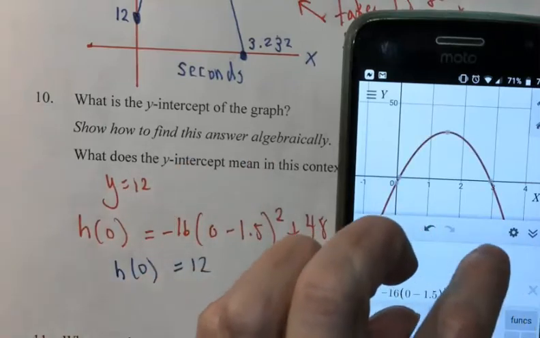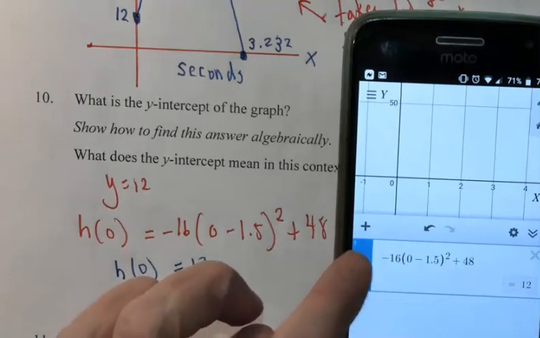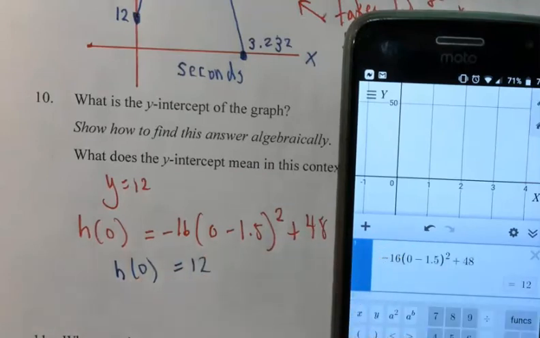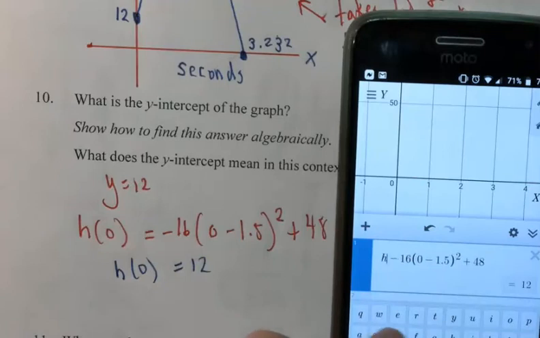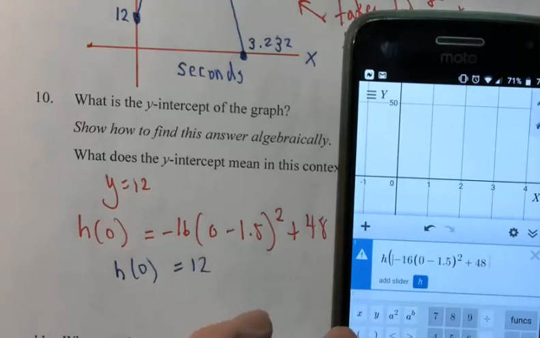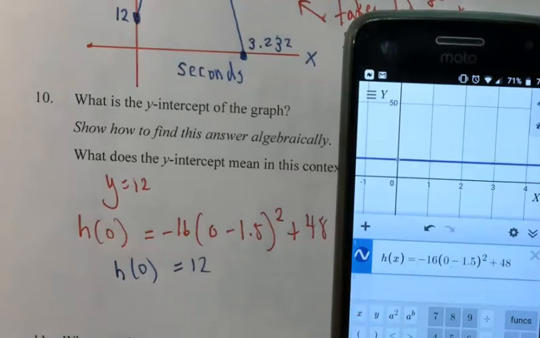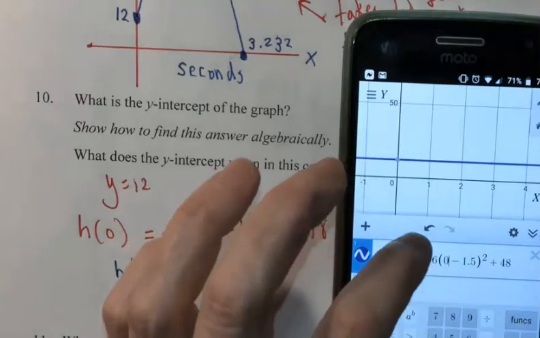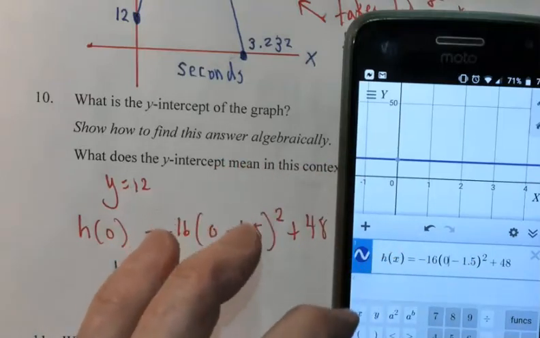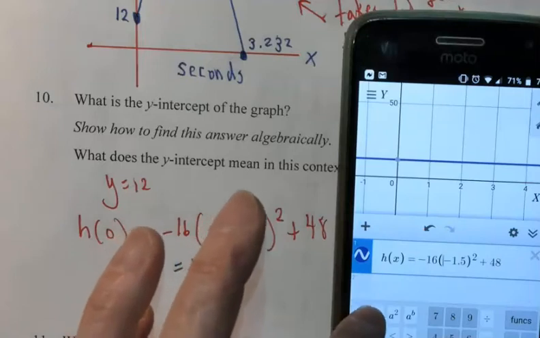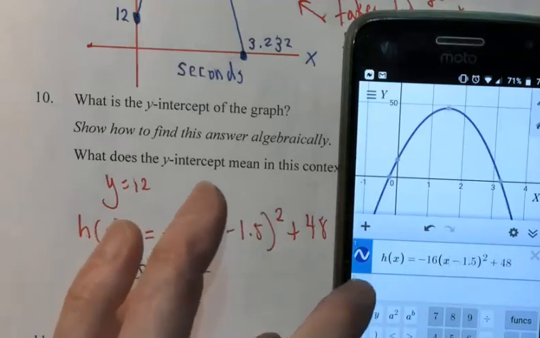Another thing I want to show you, and I need to make sure I didn't mess up my equation up here, because I've got to use it. So we have our equation here. Let's include the h of x this time. I think I already had that, but I deleted it somehow. So let me put it back. All right, so h of x equals negative 16 times x minus 1.5 squared plus 48.